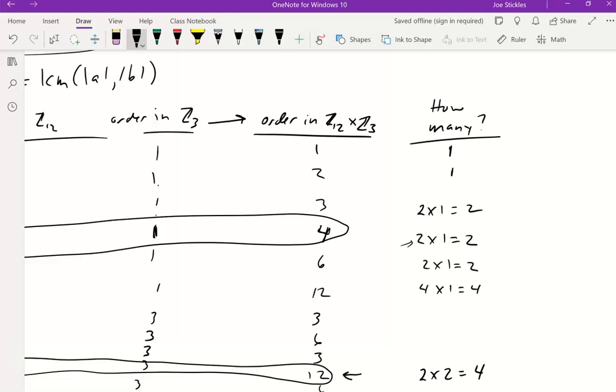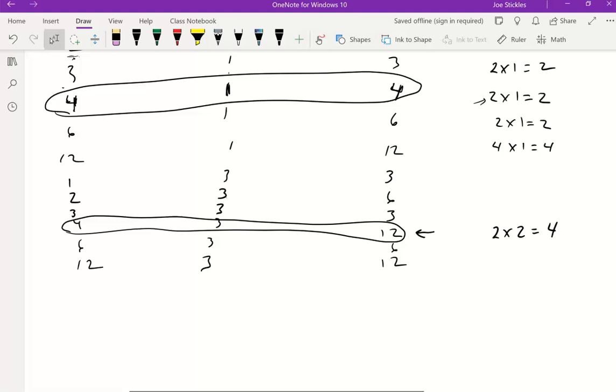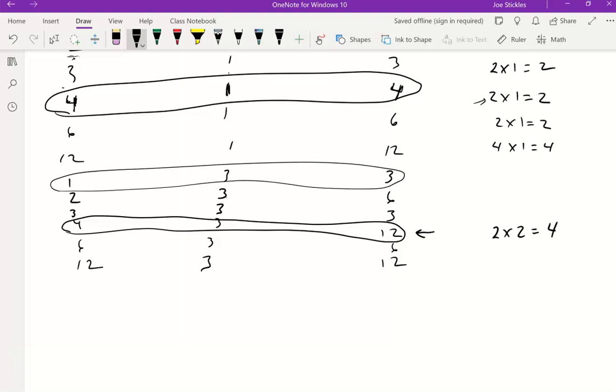Because I'm just counting the number of ways to choose the first component, the number of ways to choose the second component, and then multiplying them together. So what if we do, gosh darn it, stop it. None of these are all that interesting because they're small numbers. If I look at this one here, there's one element of order 1, and there are, in Z12, 2 elements of order 3 in Z3. So we get 2 total.